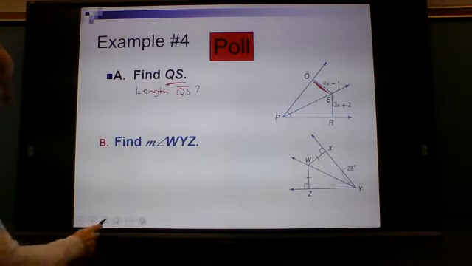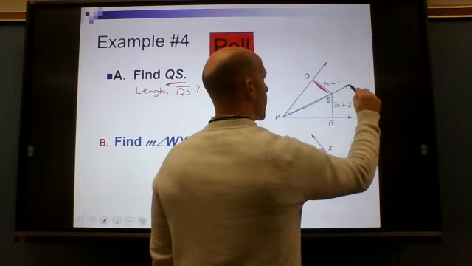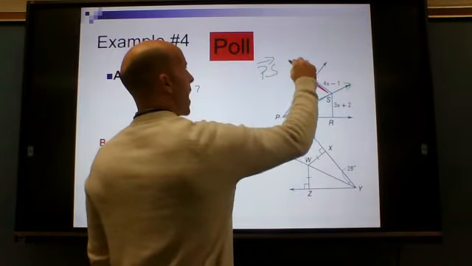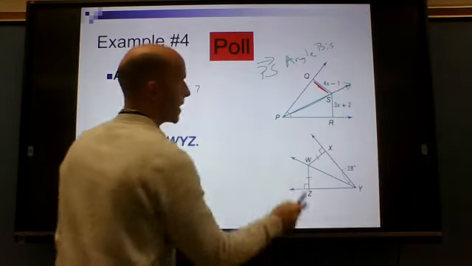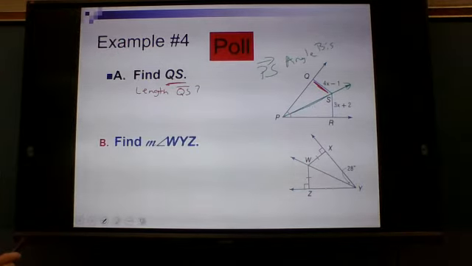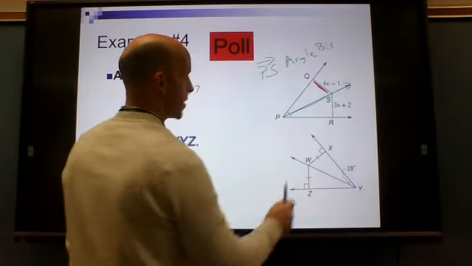What we need to notice is that this ray right here, this green ray PS, is an angle bisector. We know it's an angle bisector because you can see it shows that those angles are congruent. And if it's an angle bisector, guess what has to be true about these two segments?